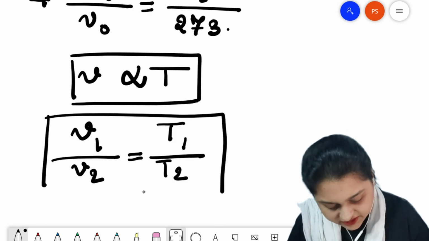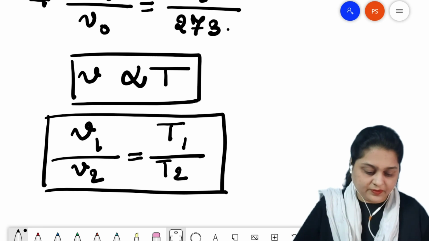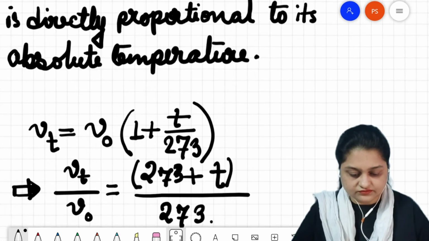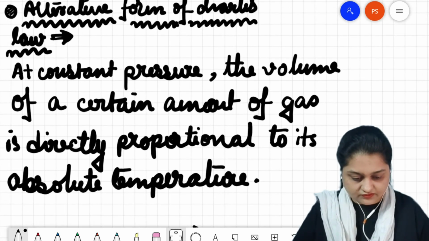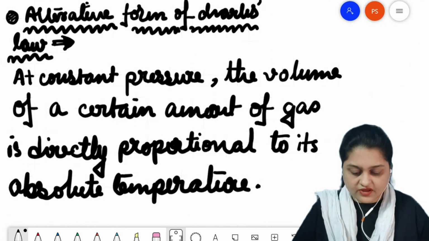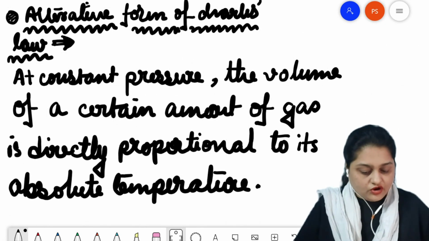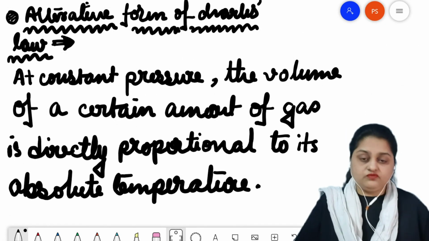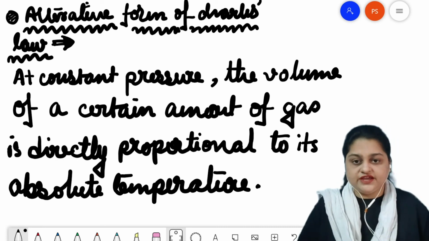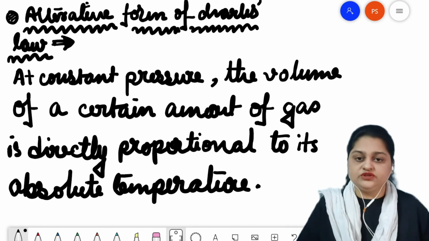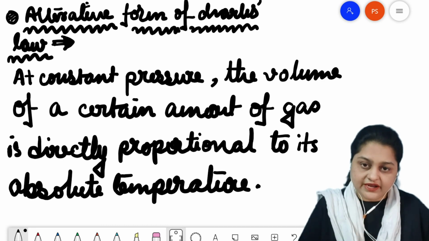And the statement can be written as: at constant pressure the volume of a certain amount of gas is directly proportional to its Kelvin temperature.